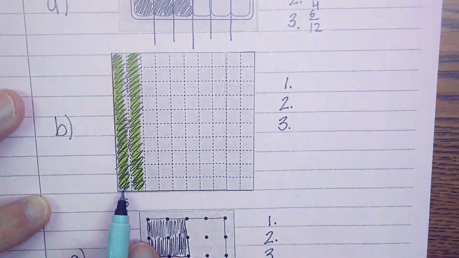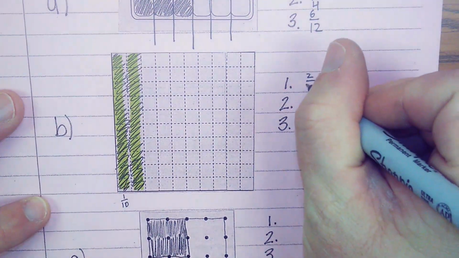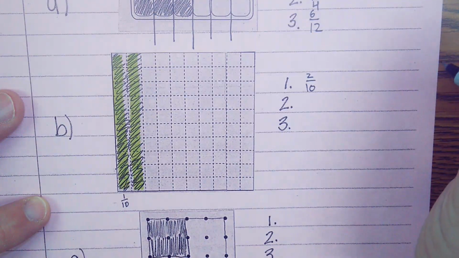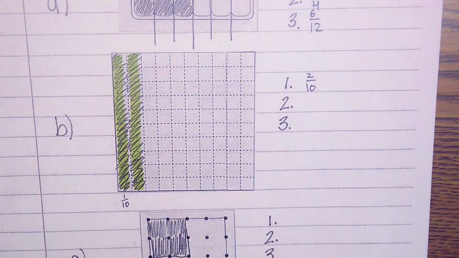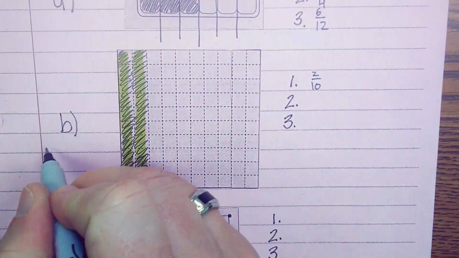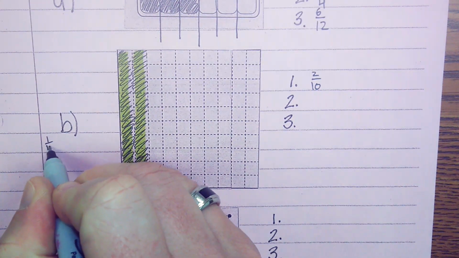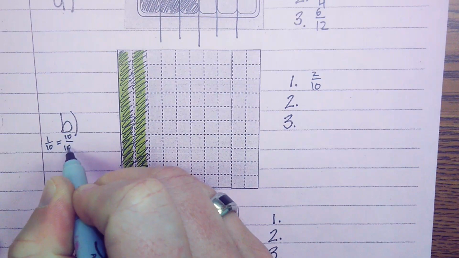Okay? So if I have 2 of them, I have 2 what? I have 2/10. Okay? Now, I could think of it differently, and I could think, well, 1 strip, maybe I'll write this over on the side, like 1/10 is 10/100.